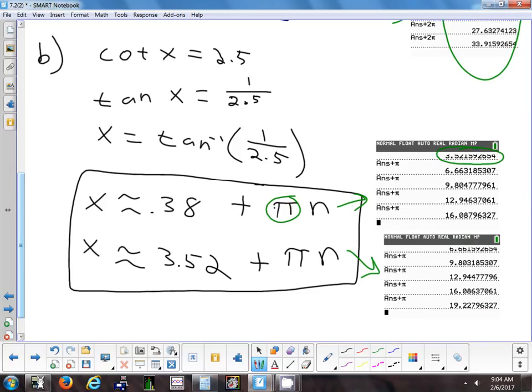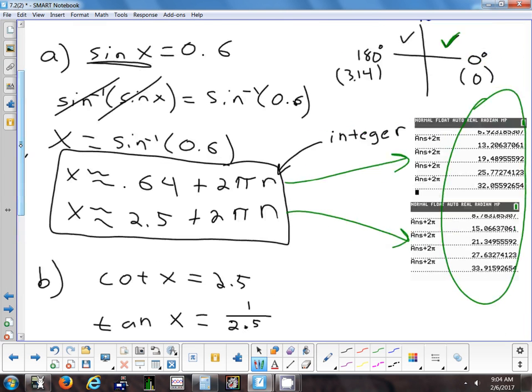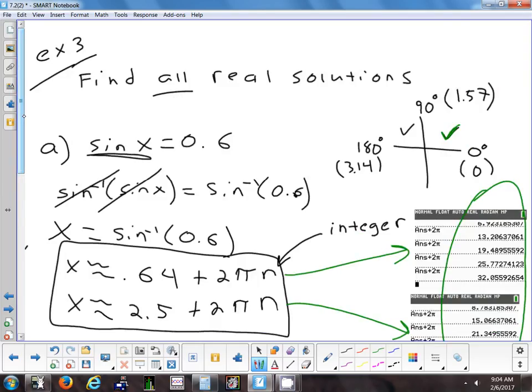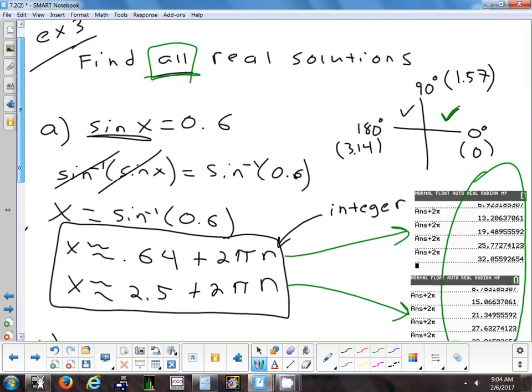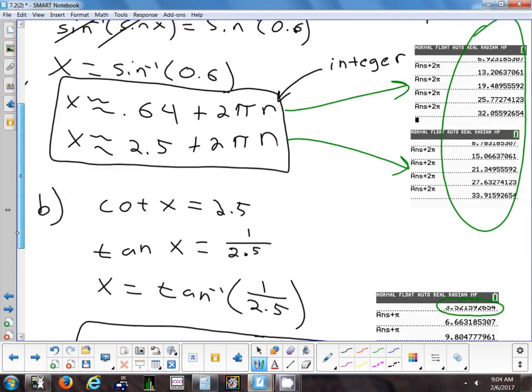So what is that in degrees? How much? 180. Yeah. You put 180n. And what would you put on this one? You put 360n. Yeah. To represent all answers. Yeah, but you only have to put the plus 2 pi n or plus pi n, whatever you're putting, if they say to find all solutions. Okay.